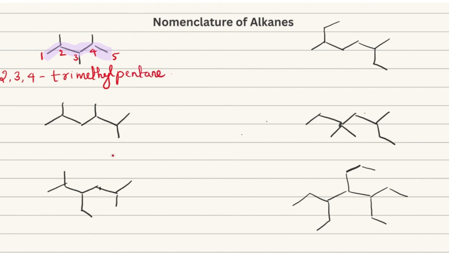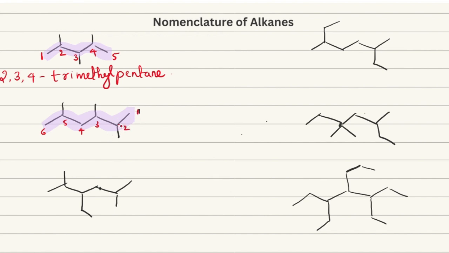Let's take the next example. So, how to choose the longest chain? Count the number of carbons, right? And then number it from this carbon. Why so? Because if we number from here, the substituents will get the least possible number. That way we will have the lowest sum rule, right? What exactly does it mean?